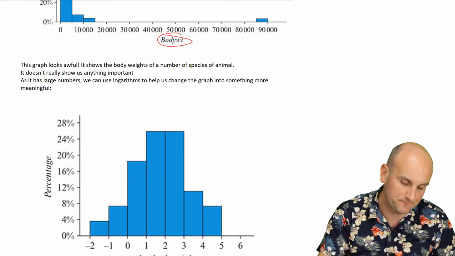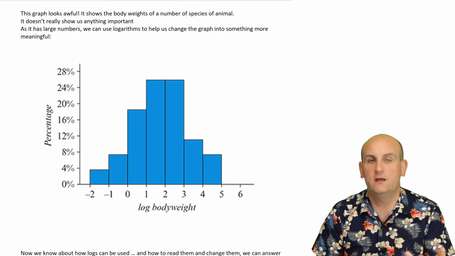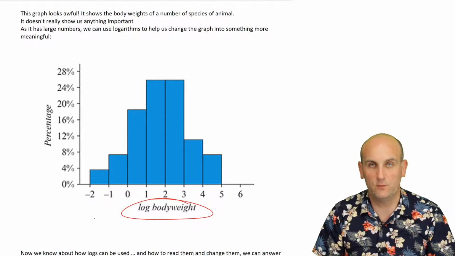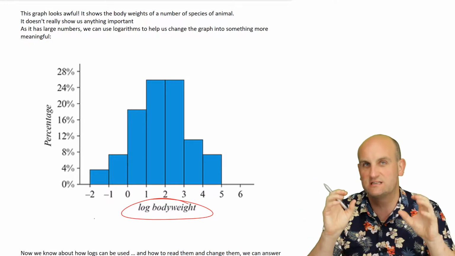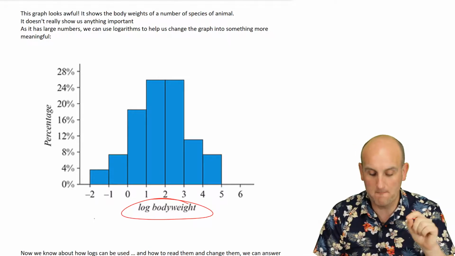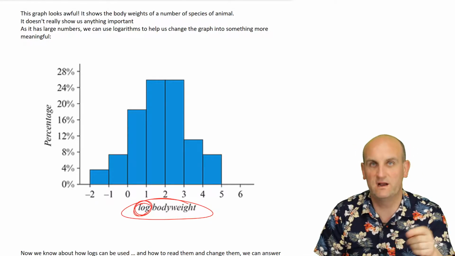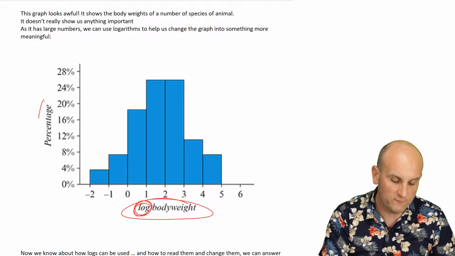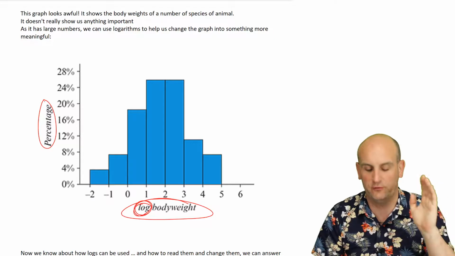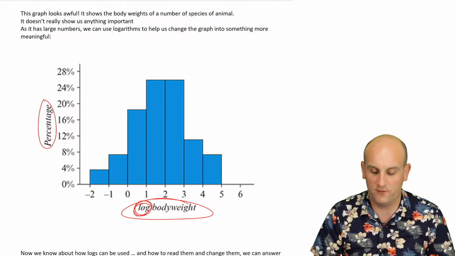And when we do that, ladies and gentlemen, what do we notice? Now, first things first, we know that the logs have been taken. We know that we're using this logarithm scale, this special 10 to the power of scale, because of what it says on the bottom. Log body weight. This log thing here, very, very important. We've got percentages, and now we notice that our graph goes between -2, -1, 0, 1, 2, 3, 4, 5, and 6.